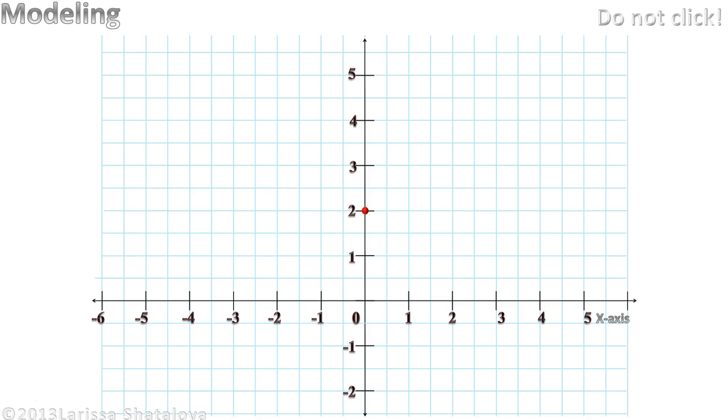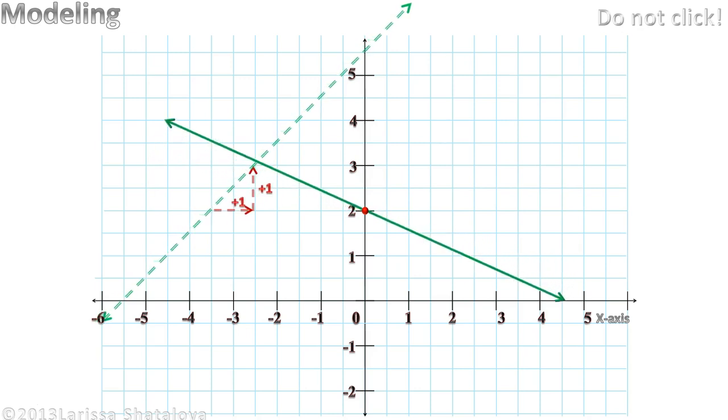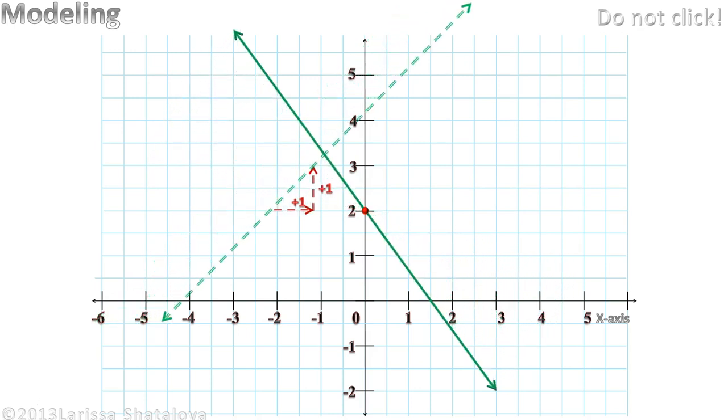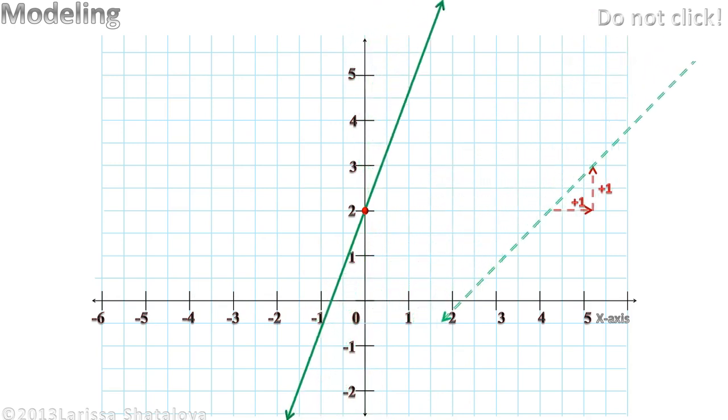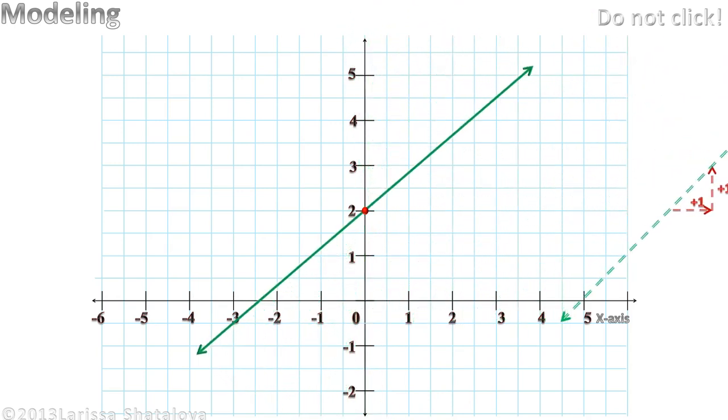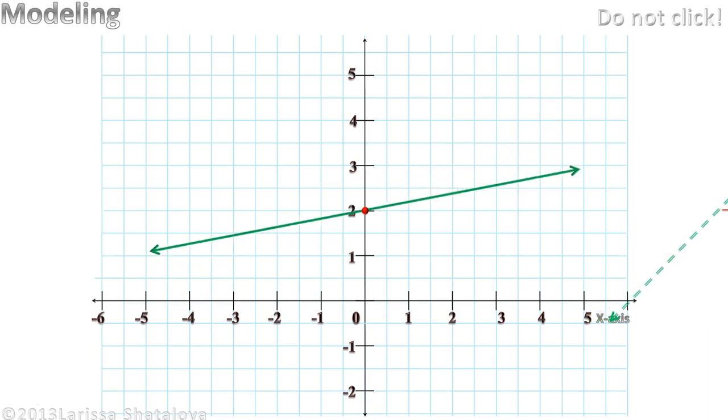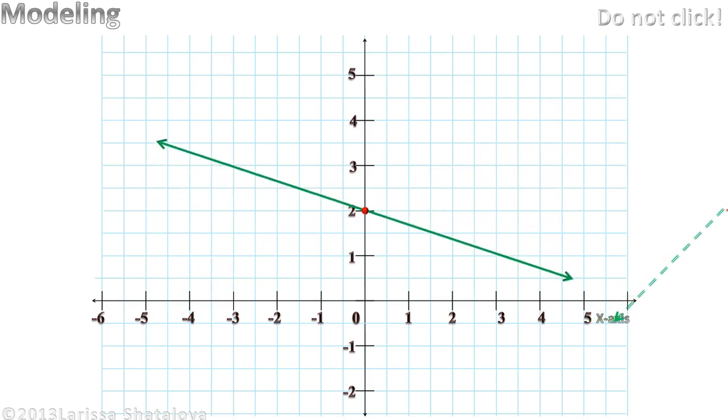Modeling. If we have just one point, and if we draw the line through this particular point, the line is not stable, because to be stable, we need 2 points. And if we have the slope of the line, like this one, 1 over 1, we know the steepness of the line, but we don't know the location of this line.